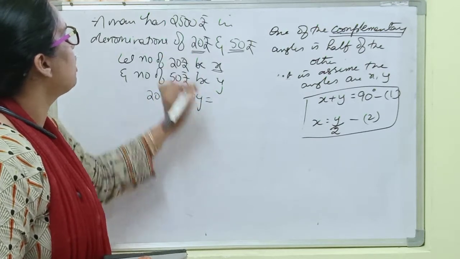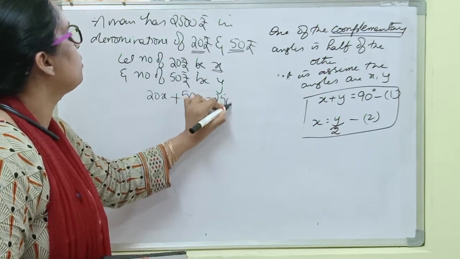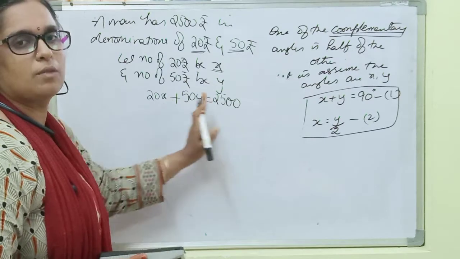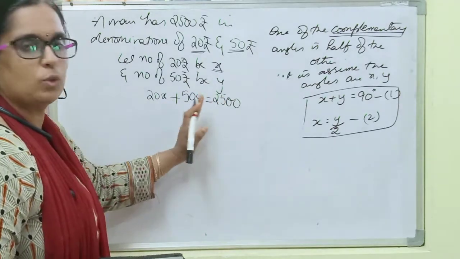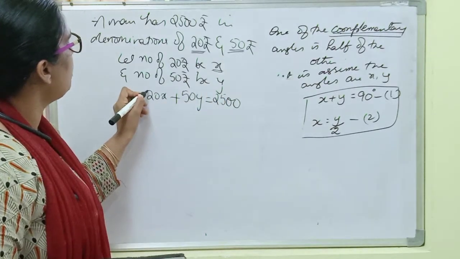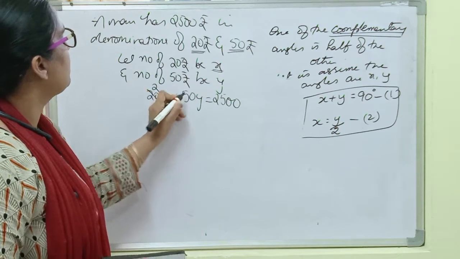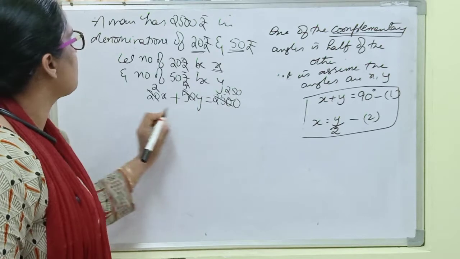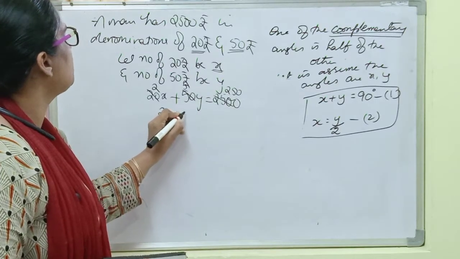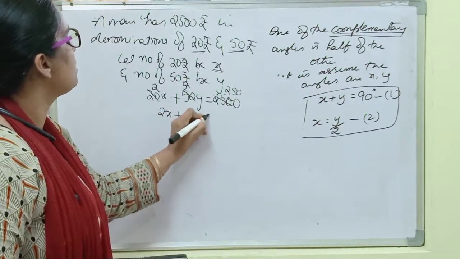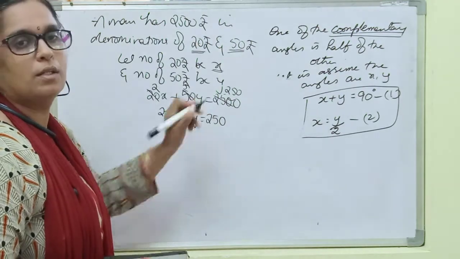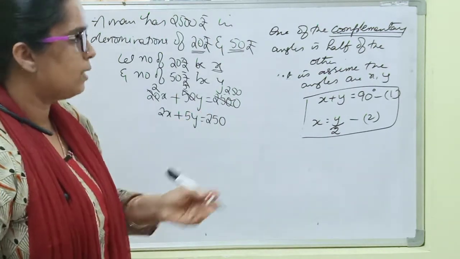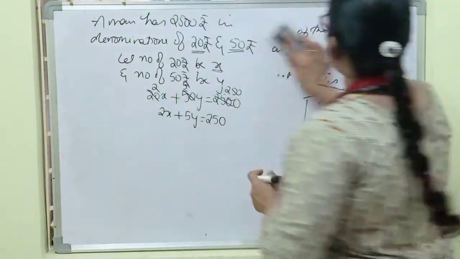Together he is having how much? 2500 rupees. You don't need to keep this equation as it is. If you can simplify, you can simplify. For example, the whole equation I can cancel with 10. So this goes 5 times and this goes how many times? 250 times. So the equation is simplified to 2x plus 5y is equal to how much? 250 rupees. Okay, let's go with one more example.